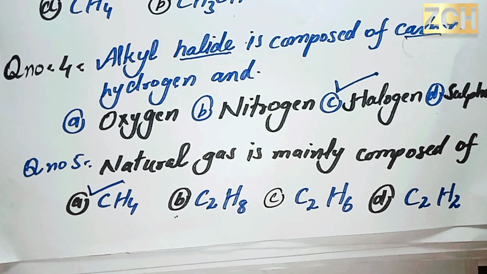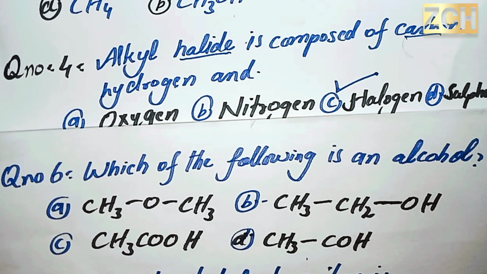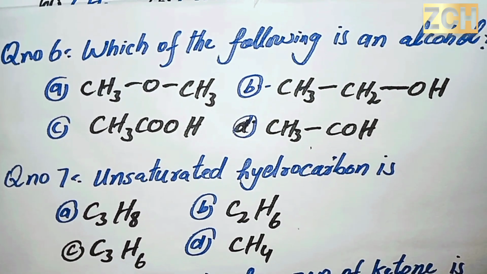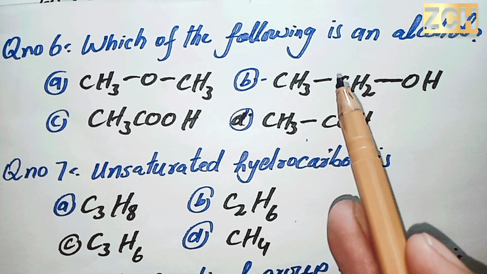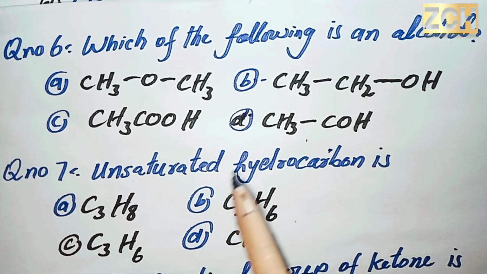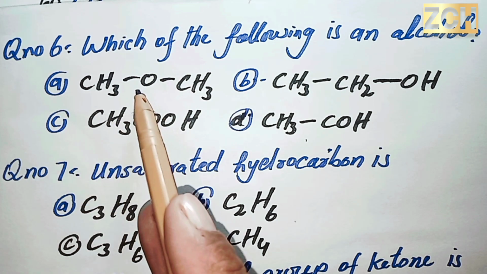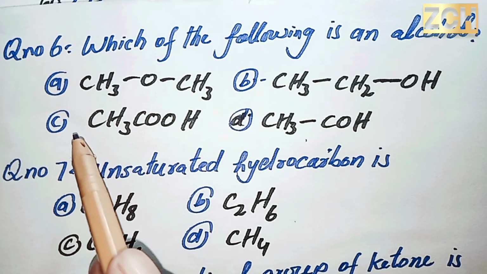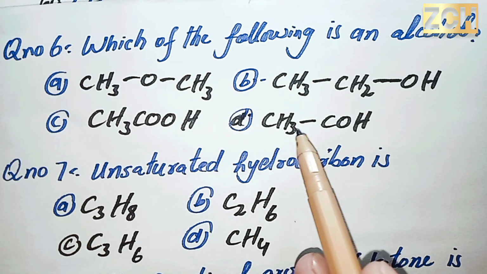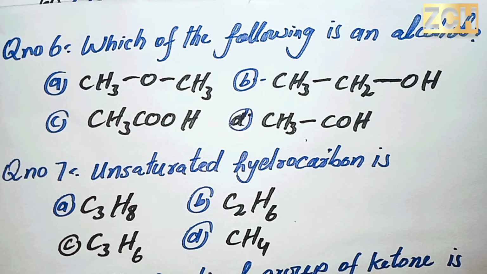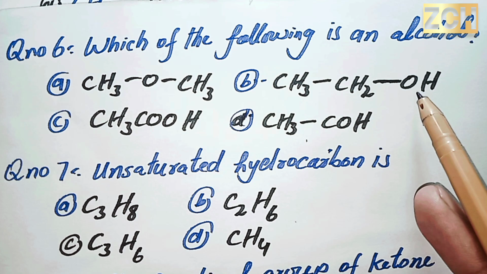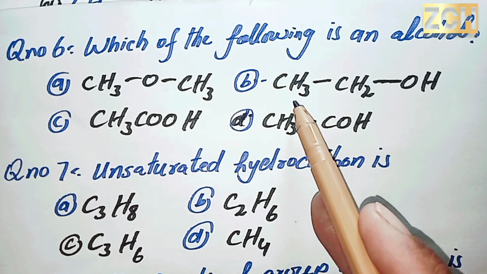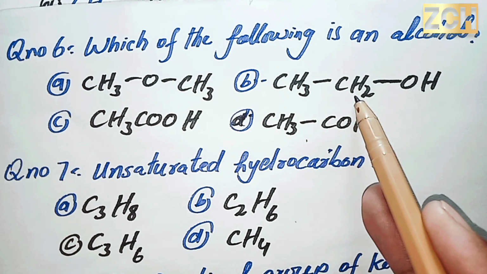Next question, question number 6. Which of the following is an alcohol? Option A, option B, option C and option D. Here we can see that alcohol contains an OH group, and on the other side it contains an alkyl group.